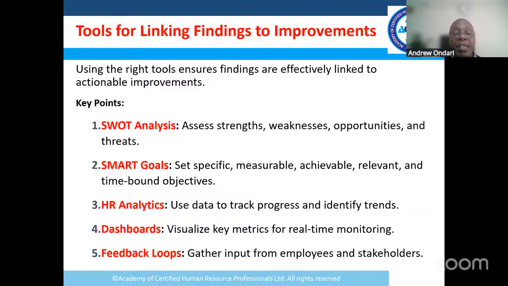The second analytic, which is data-based, is the use of AI, artificial intelligence. So that means that we must develop agile systems to ensure that we adapt to these trends. Other organizations use dashboards.